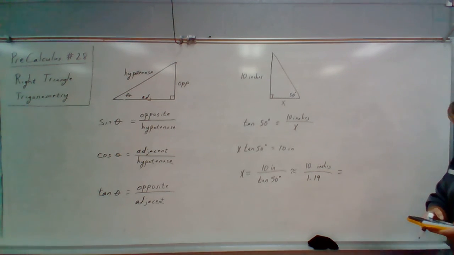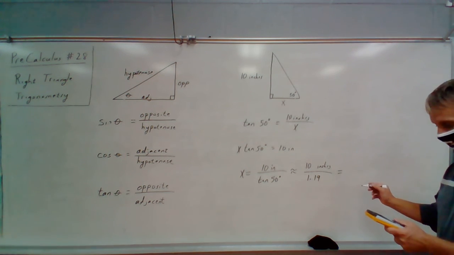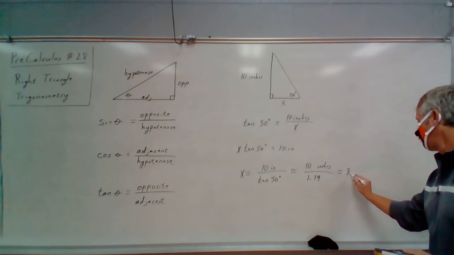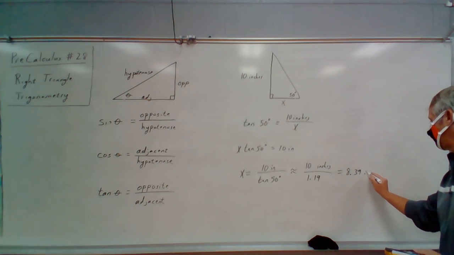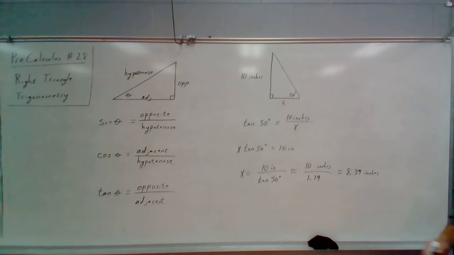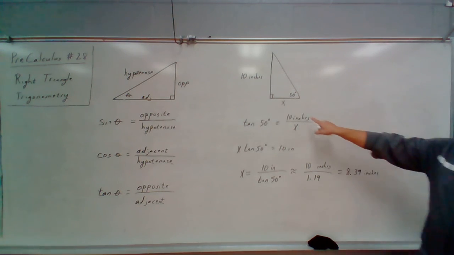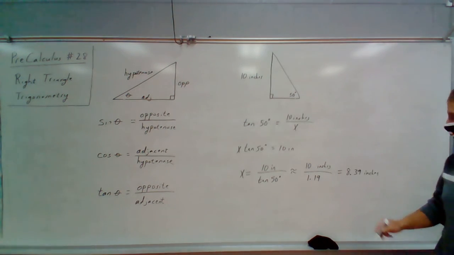All right, so then if I do 10 divided by that number, I get approximately 8.39 inches. Okay, so this side is 8.39 inches approximately.